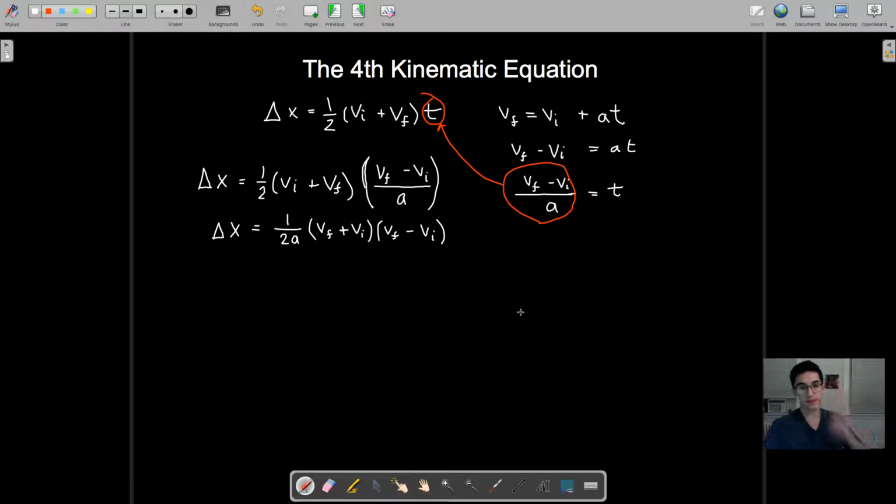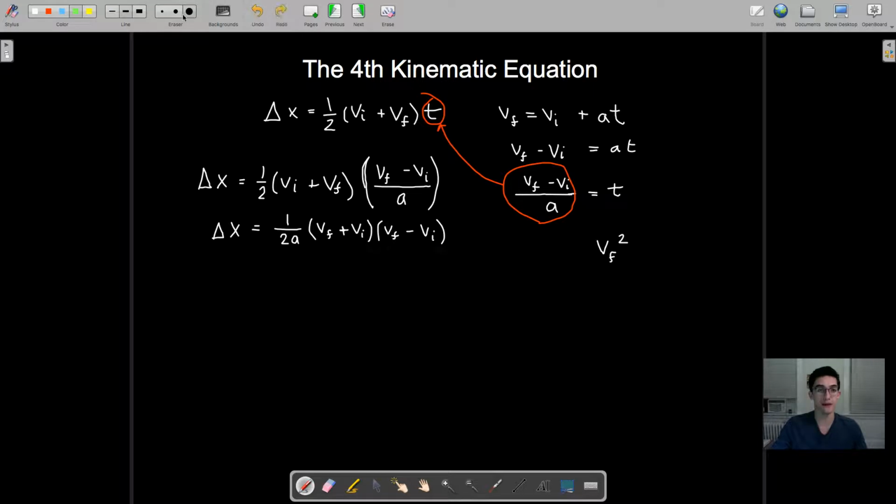V final plus V initial times V final minus V initial. Guess what that is? Oh, right, that's the difference of 2 squares. If we go ahead and multiply this out, we're going to get V final squared, when I mean these two, I mean these 2 parentheses.